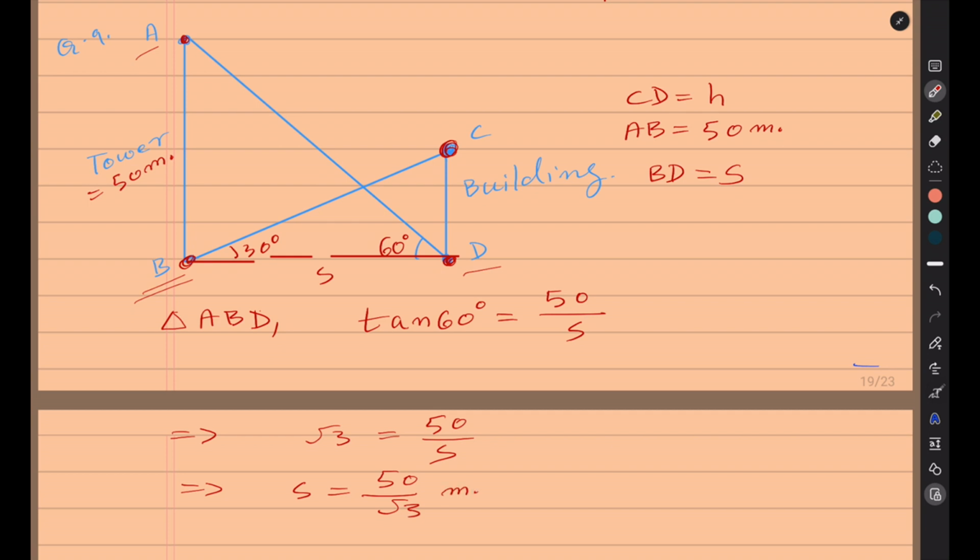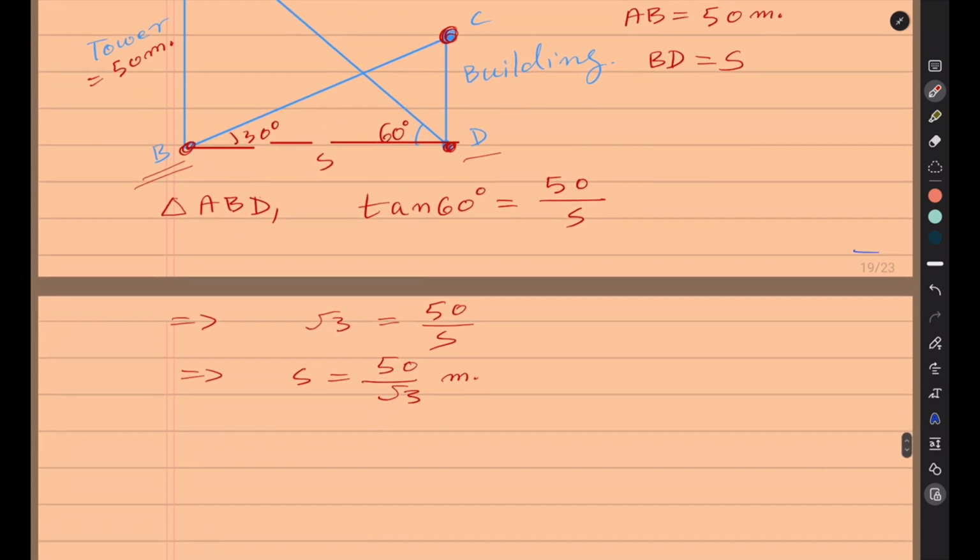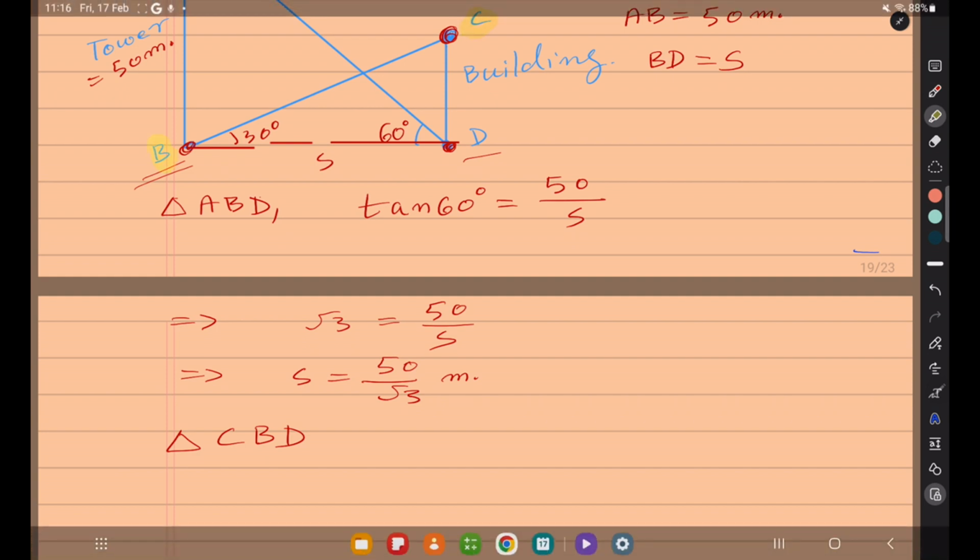So in a way we have found the value of S, which is very necessary when we apply the trigonometrical ratio in triangle CBD.